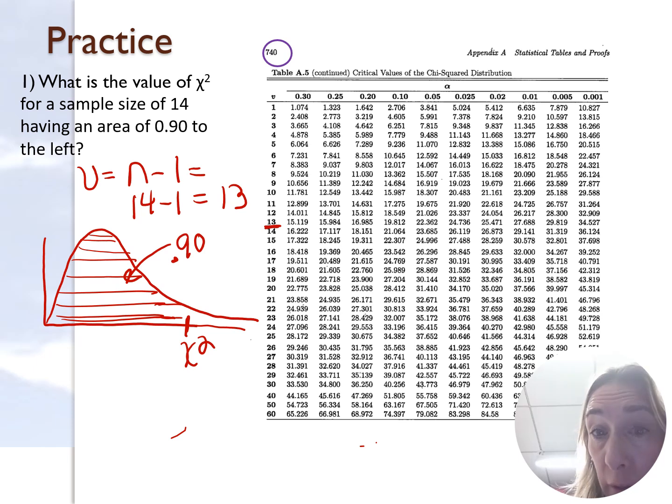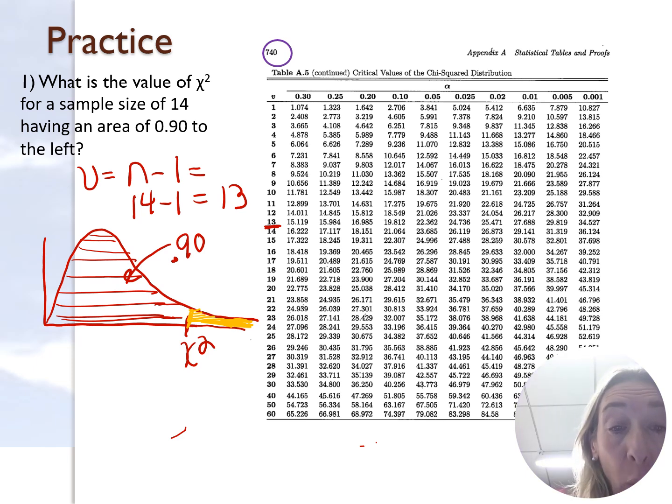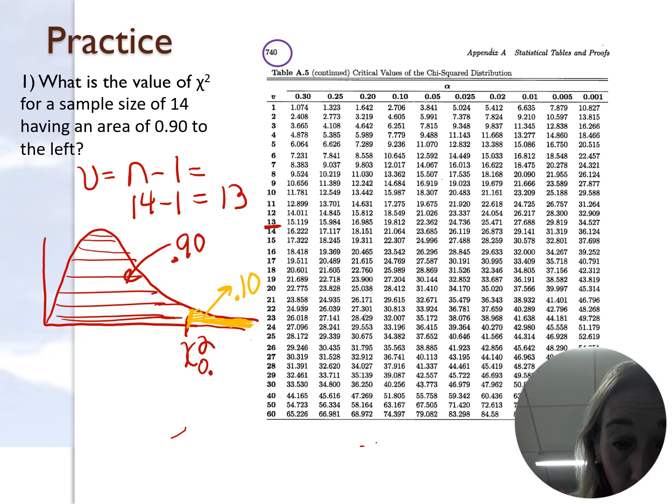Now, alpha, if you remember from our visual legend, alpha refers to, of course, area to the right. So if this particular chi-square value has 0.90 to the left, by subtraction, it must have 0.10 to the right. So we are looking for the chi-square value with an alpha of 0.1.